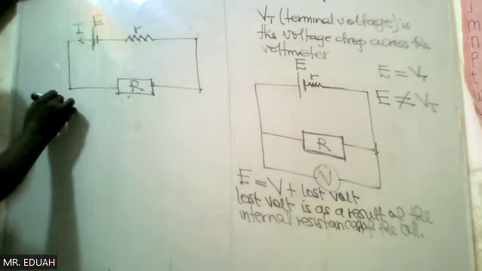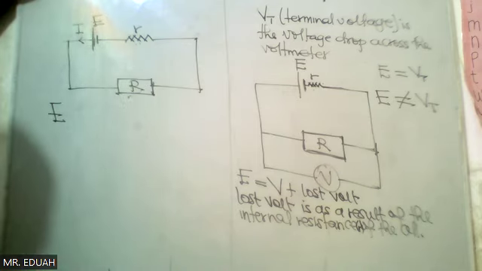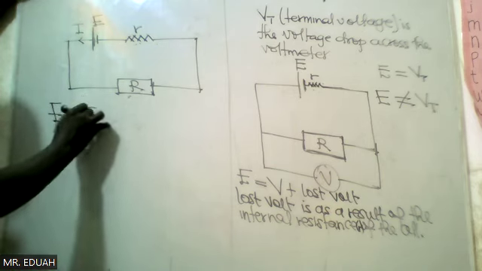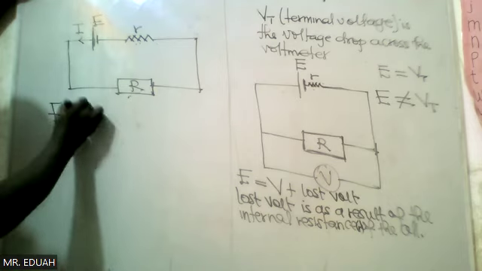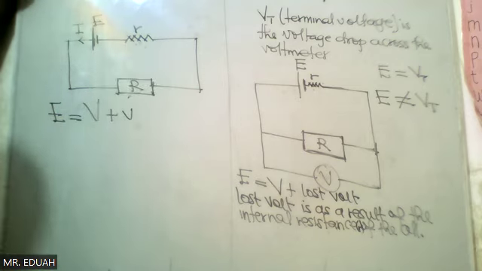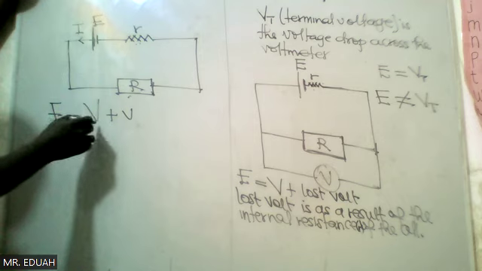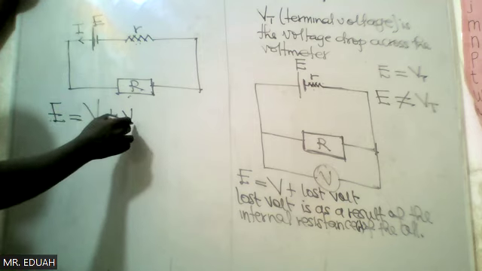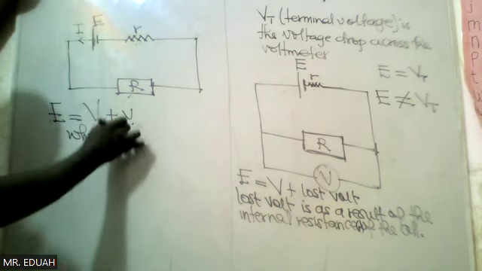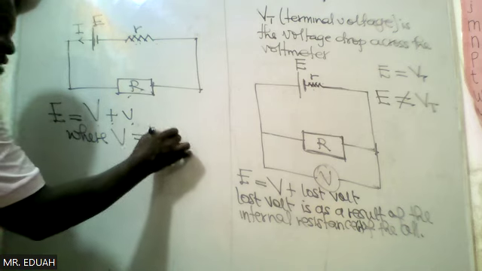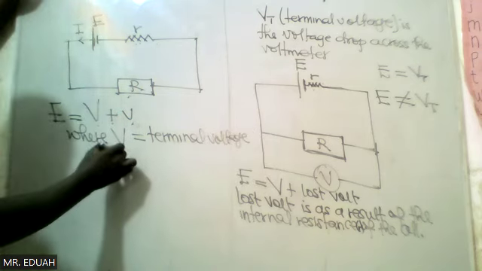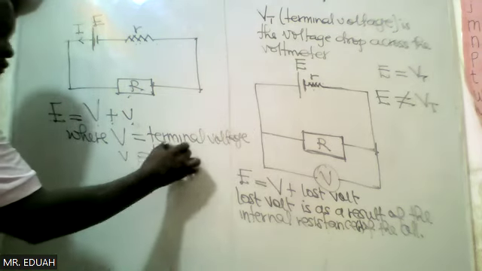So we realize that the EMF of the battery will be equal to the terminal voltage big V plus the lost volts small v, where big V is the terminal voltage and small v is the lost volts.